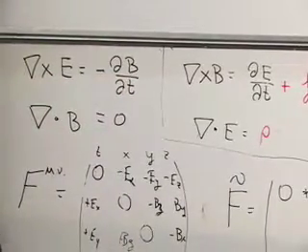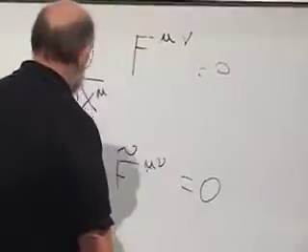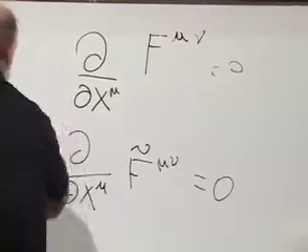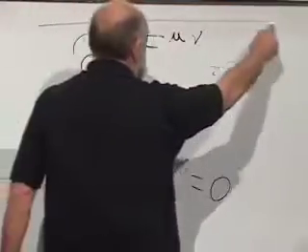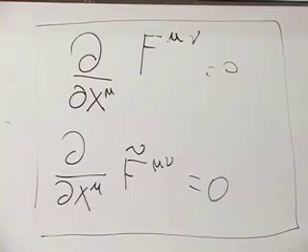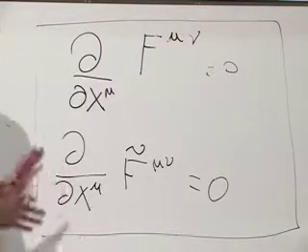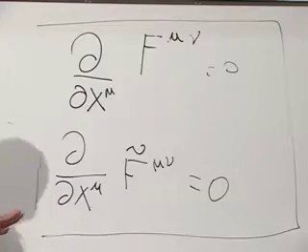So this is a powerful way to rewrite Maxwell's equations, again, without charges, without current densities. It's a powerful way to rewrite them in a simple and elegant form, but it's not the simplicity and elegance which is important.